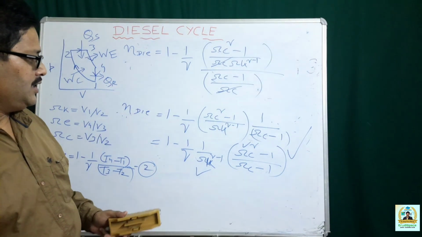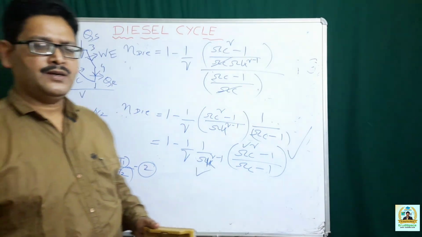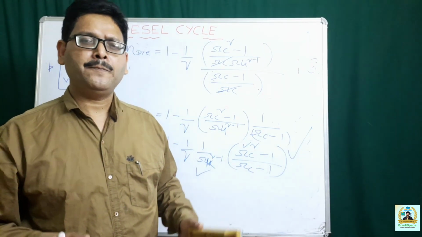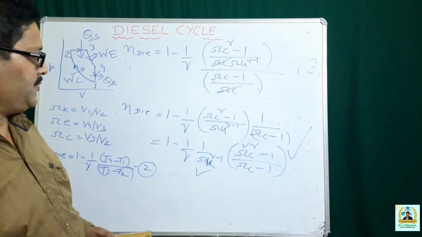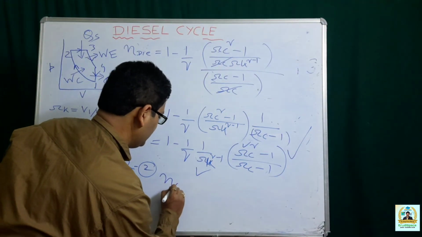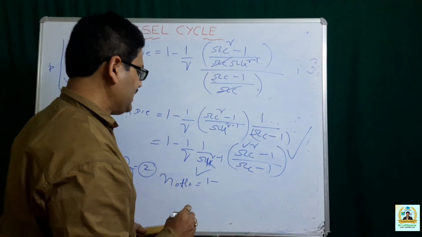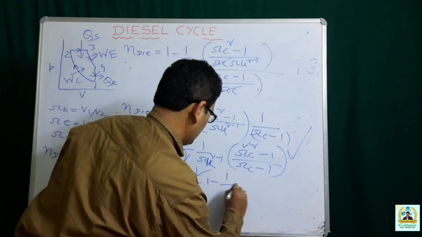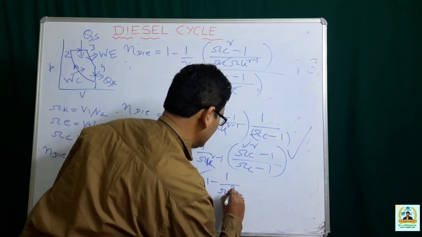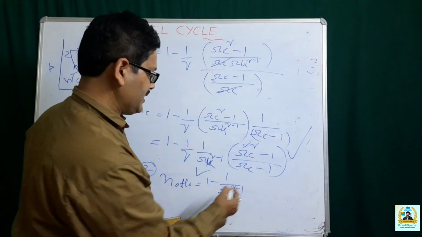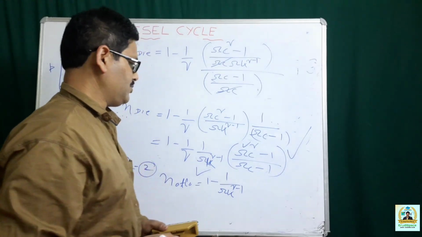Now, if you compare this with the efficiency of the Otto cycle, in case of your Otto cycle, the efficiency is 1 minus 1 by Rk to the power gamma minus 1, where Rk is the compression ratio.